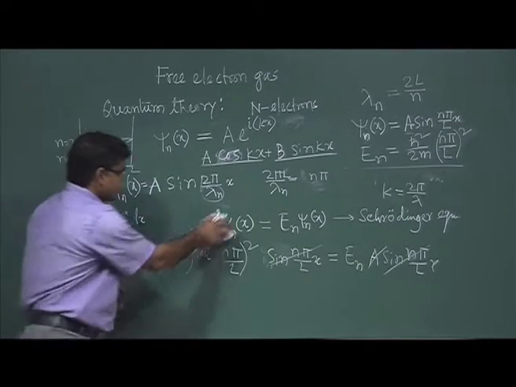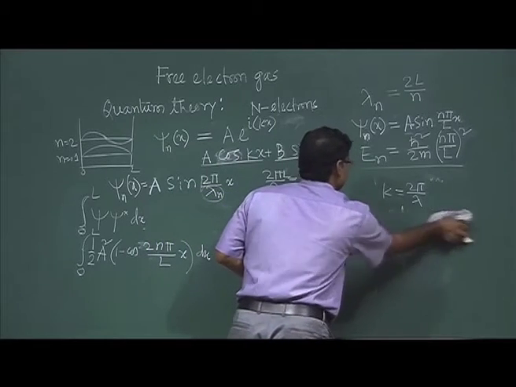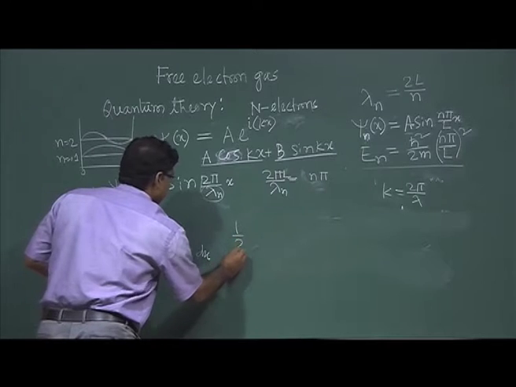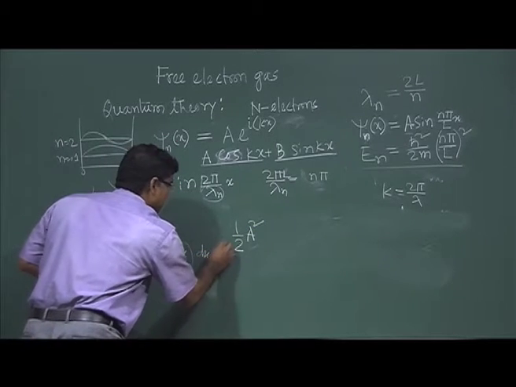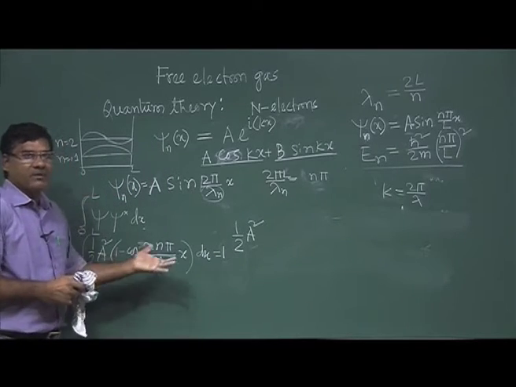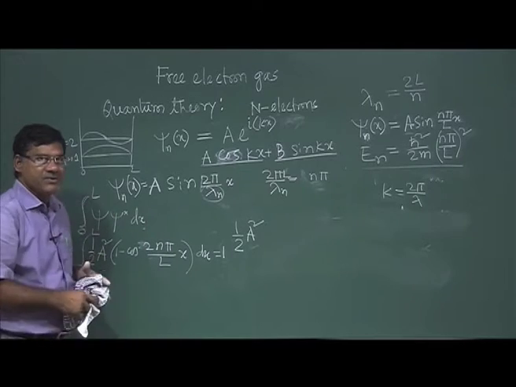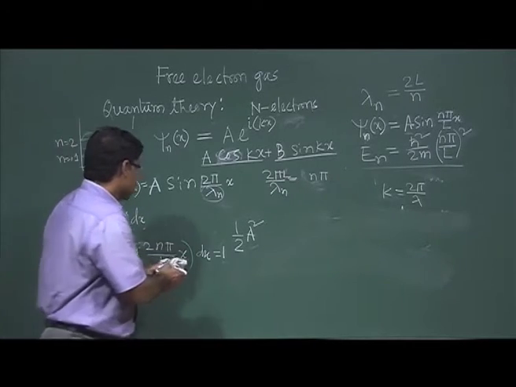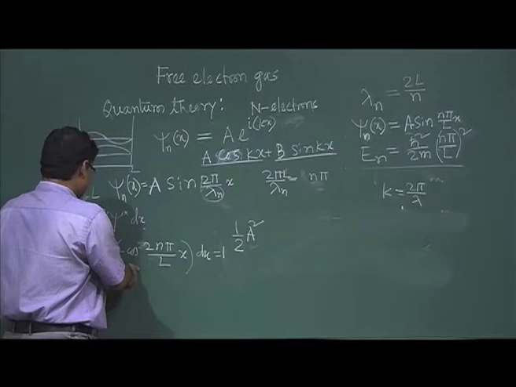So, if you do it, what will you get? Half A square, and it has to be 1. The probability to find the particle within the whole box will be 1. That is the condition of normalization.